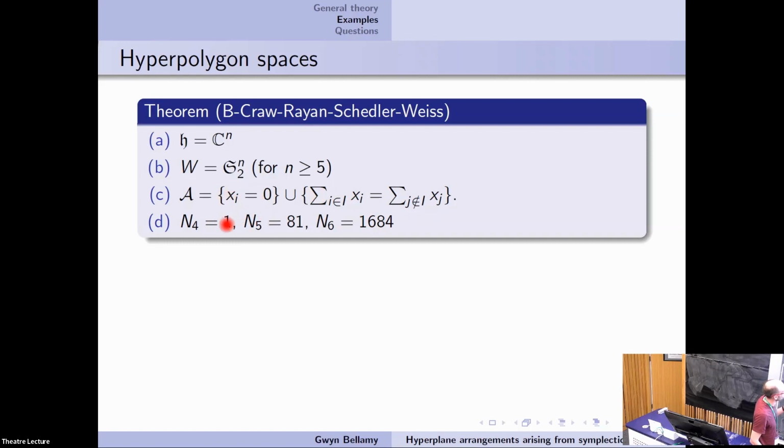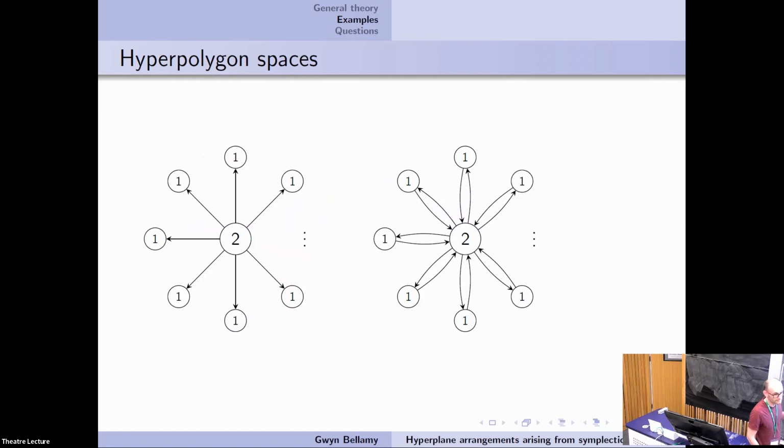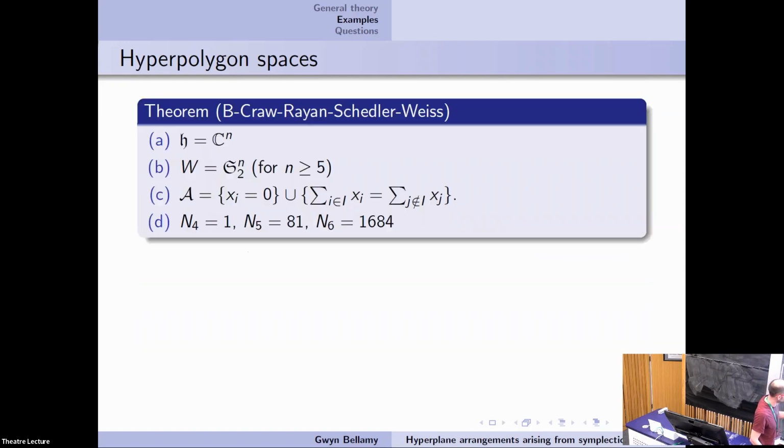As Pavel mentioned, if you do n equal to 4, you just get the D4 quiver with the minimal imaginary root as your dimension vector, so you know you just get the Kleinian singularity. There's only one resolution in that case. You get 81, as I mentioned before, for that case.